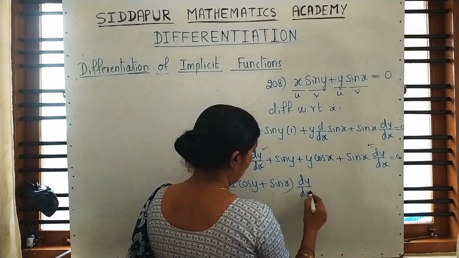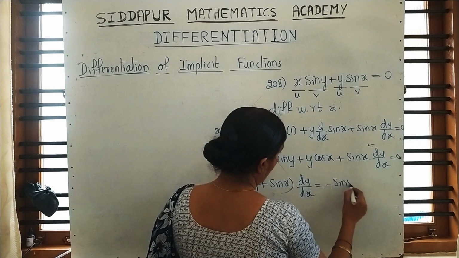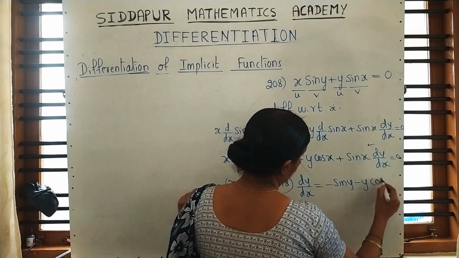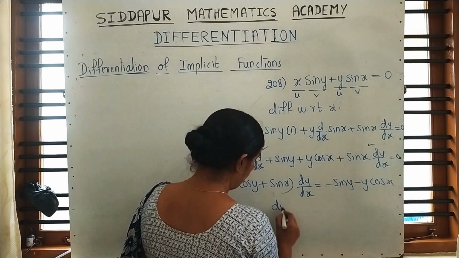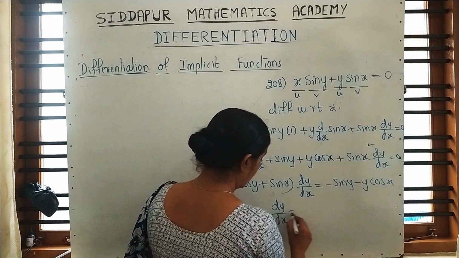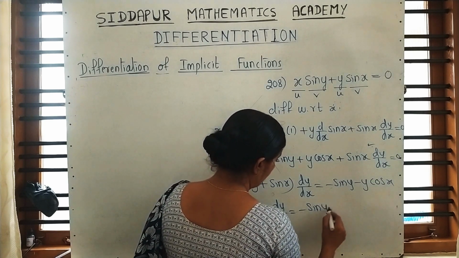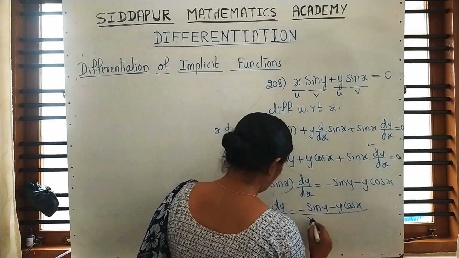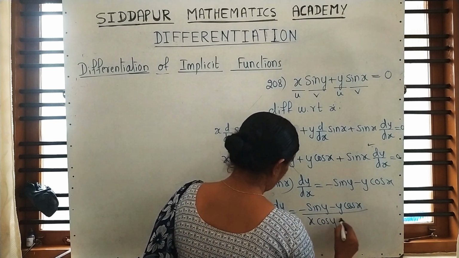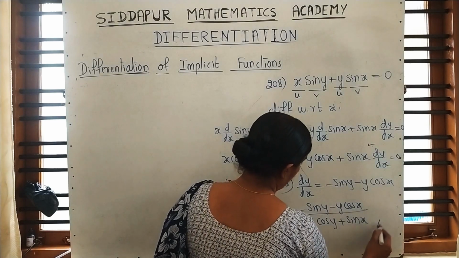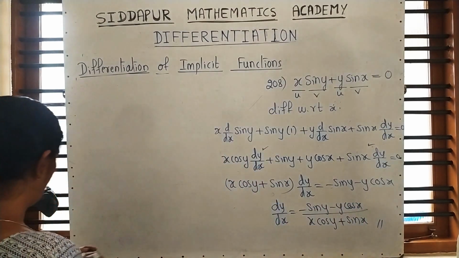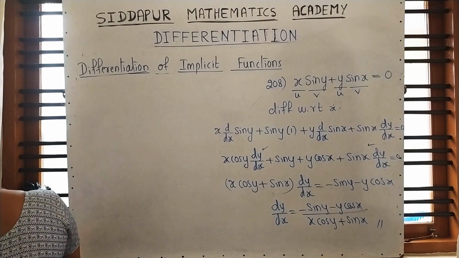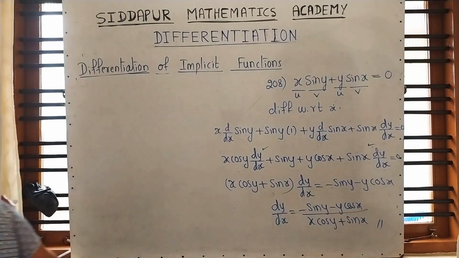The terms without dy upon dx on the right side. This is the answer. Is it simple or what? Yes. The sums are very simple. Next.